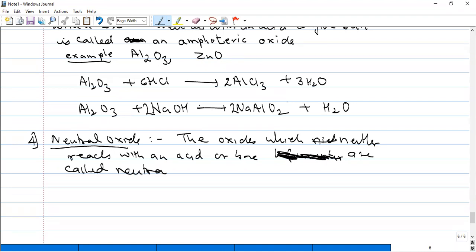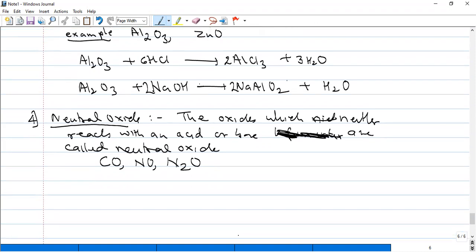They are not reacting with either acid or base. कौन से वो ऑक्साइड? Carbon monoxide, nitric oxide, nitrous oxide. These are all neutral oxides.